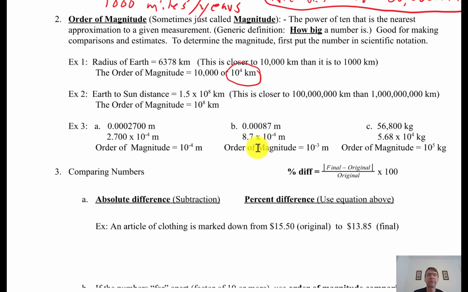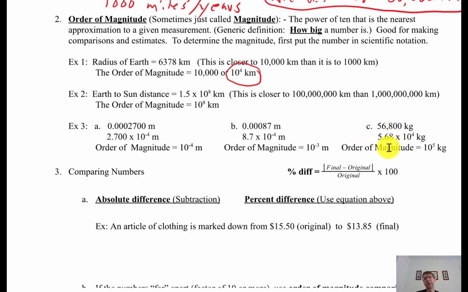Because 8.7, the first number ahead of the decimal, is a 5 or greater, you have to add 1 to the negative 4 to get negative 3. So the rule is the order of magnitude is the base 10 multiplier unless the number in front of the decimal is a 5 or greater, then you add 1 to the exponent. Here's another example, part C.